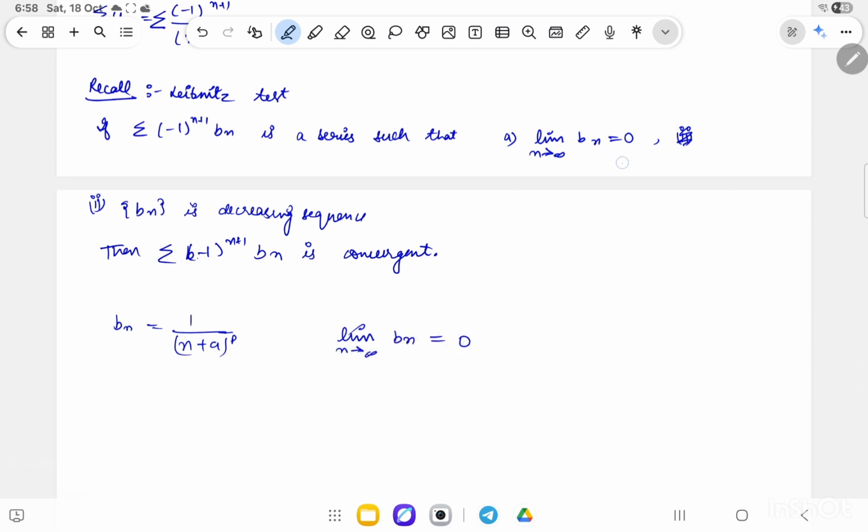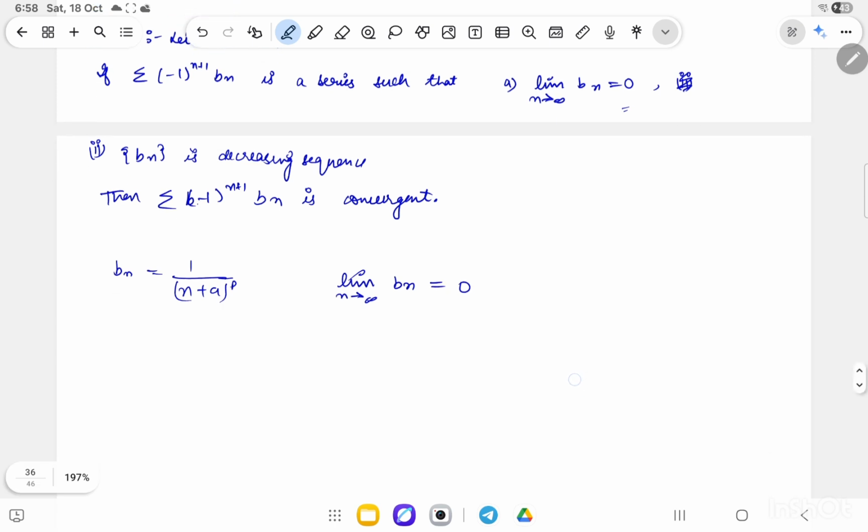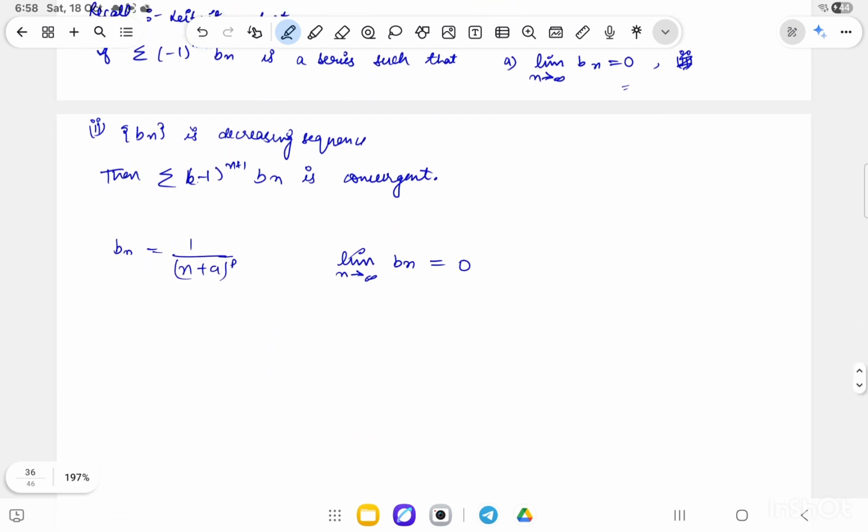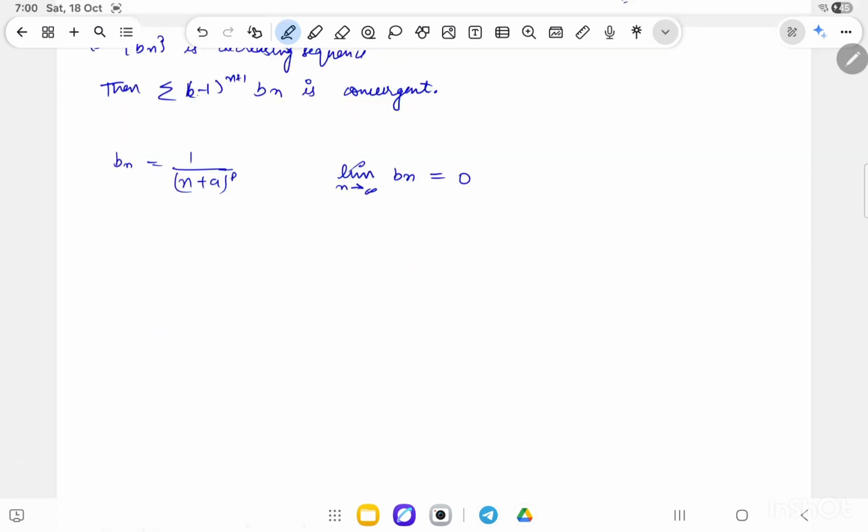So our condition 1 is satisfied, and we are supposed to check condition 2, that is, whether our term bn forms a decreasing sequence. In order to prove that this is a decreasing sequence, let's just calculate its derivative.